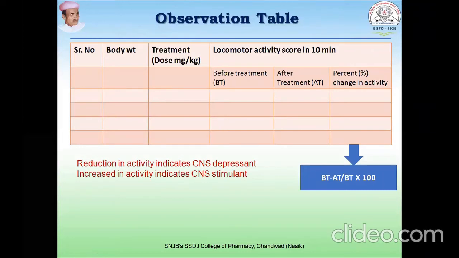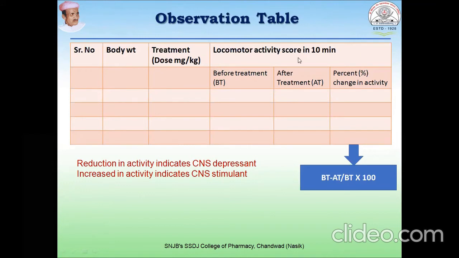Now, regarding the observation table, you can prepare such a table which includes serial number, body weight of animal, male and female animal, and then treatment. If you are using standard at different doses, test at different doses, you can write down here.